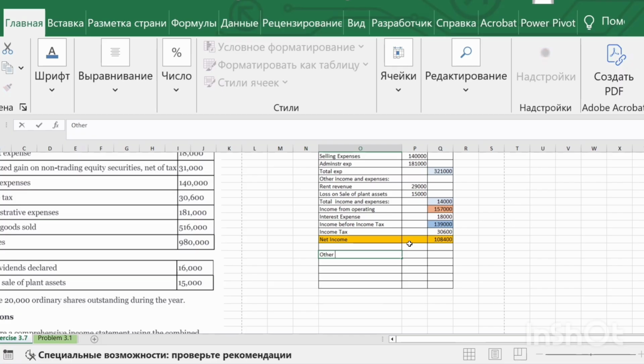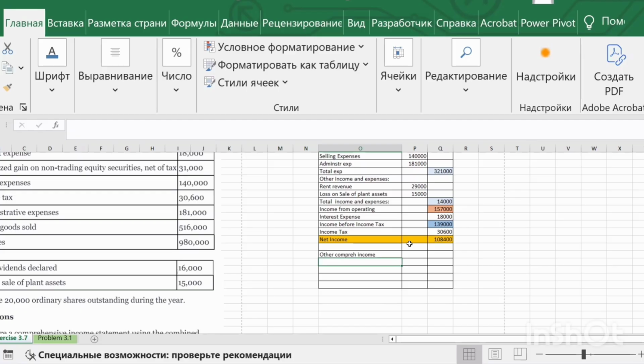Other comprehensive income. So comprehensive income might be all losses or gains or some money, roughly, if I would explain it in the easiest way for every student. But we didn't get it by the usual working day or usual working process.